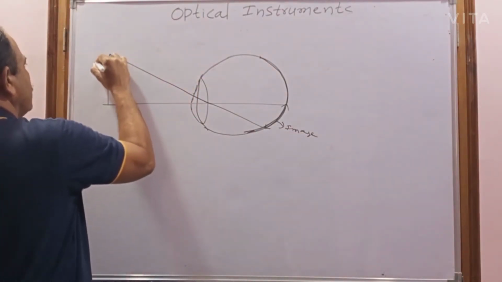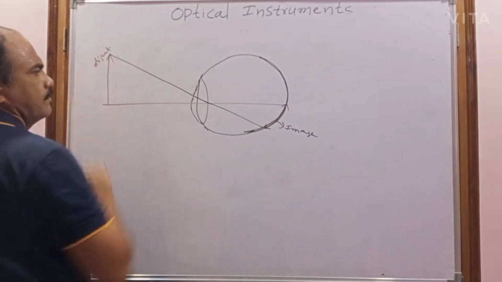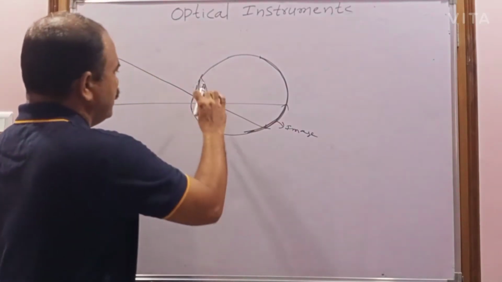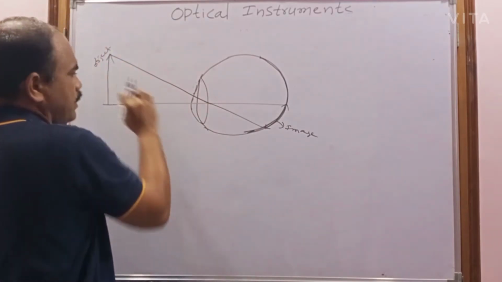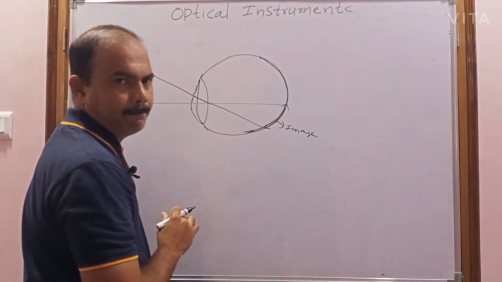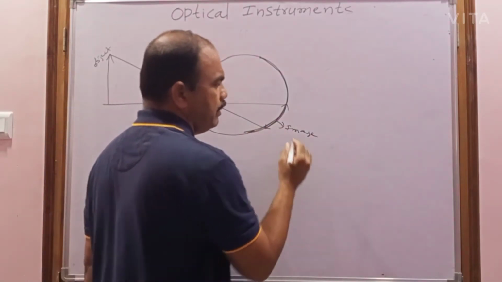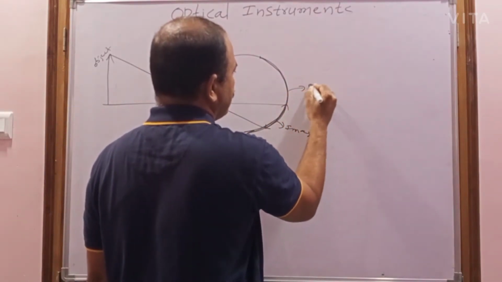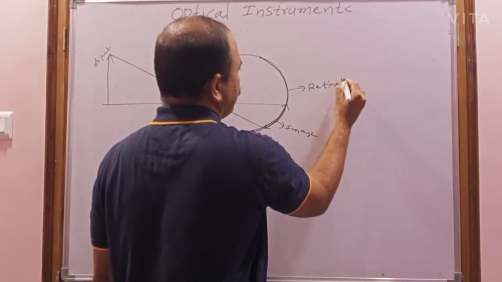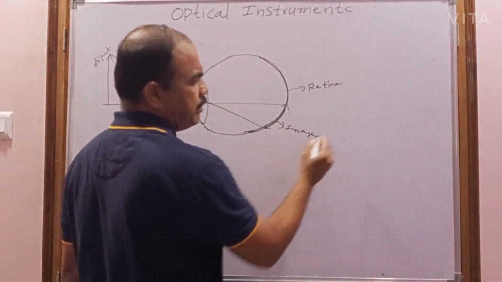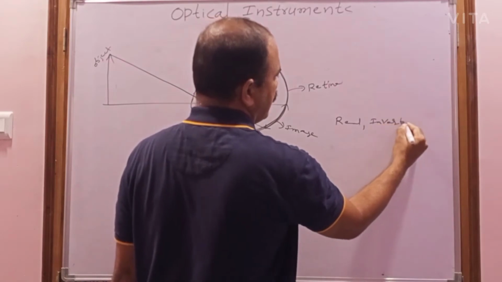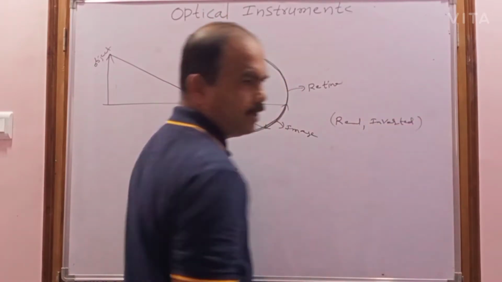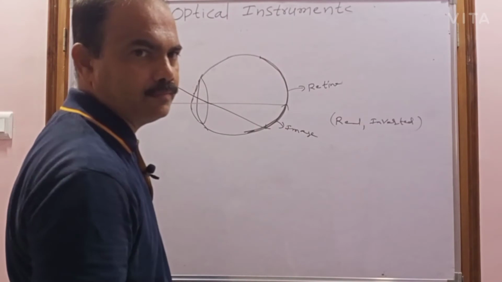So this eye lens, or convex lens, forms the image of this object on the retina, which is our retina. This image is a real and inverted image.